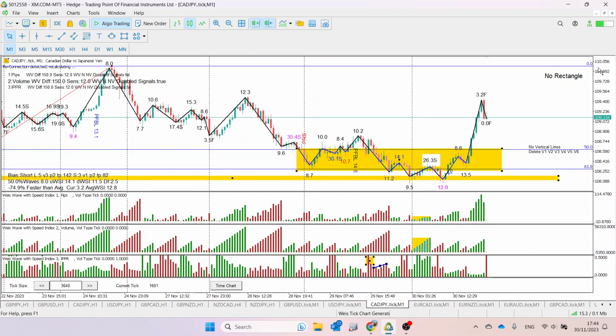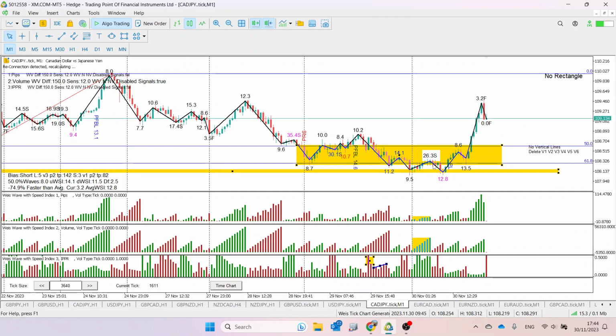Then the next wave is a wave with fewer bars, but with a wide-spread bar here that never breaks this low. We never closed below this low. The reaction is upwards, and we break this high of the 26.6.